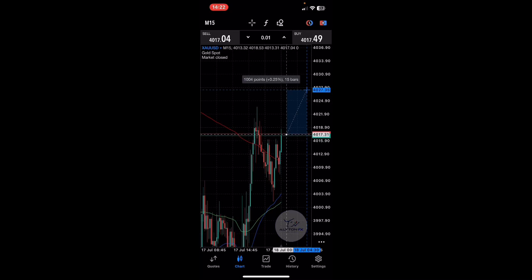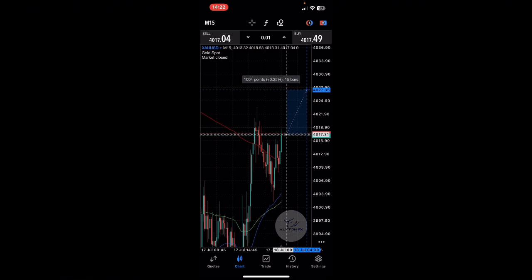Pips is calculated in XAUSD at the last digit before the decimal point. Any increase or decrease, depending on whether you bought or sold, is counted. So from 4017 to 4018 is 10 pips.